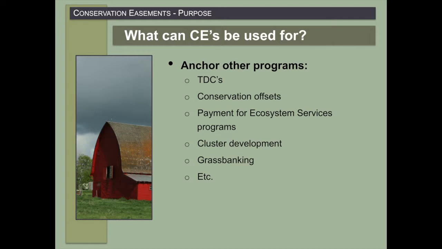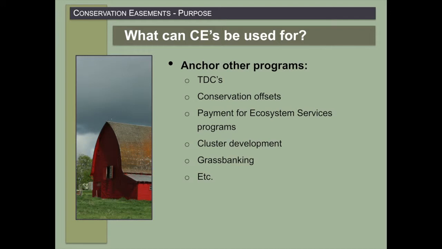Cluster developments, which we're going to talk about again in a little bit: the municipality or a land trust may allow for a certain amount of development on a piece of landscape in exchange for an easement across the rest of the property. So you have conservation development or cluster development, those are called. Another option is grass banking.